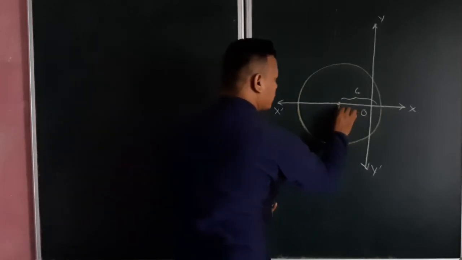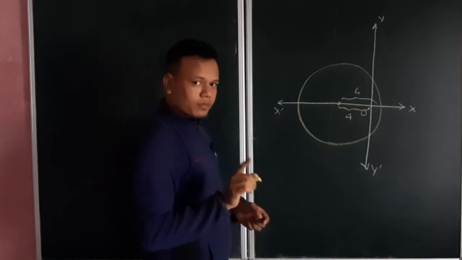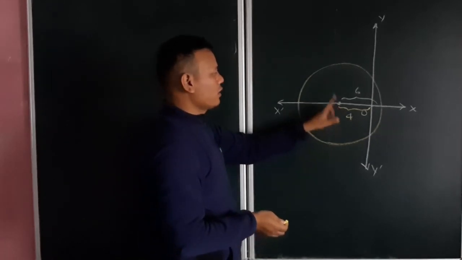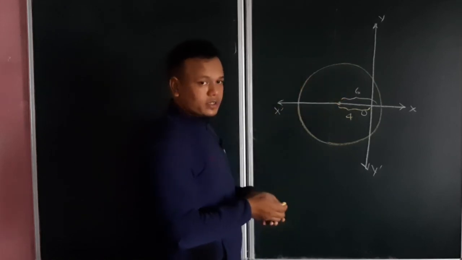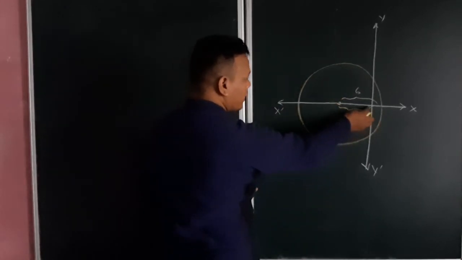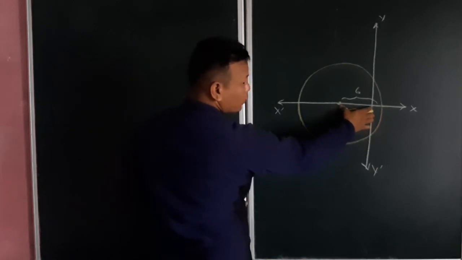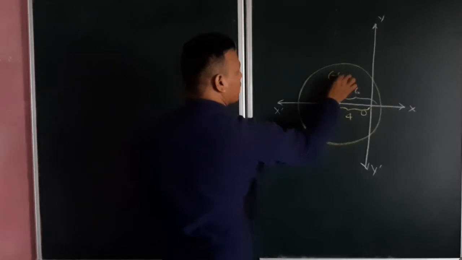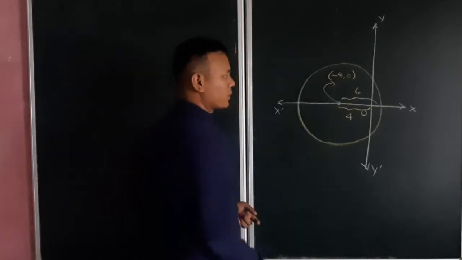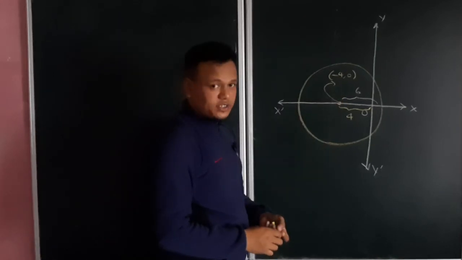So that means from here to here is 4 units. Okay, so you need to calculate the equation of this particular circle. Okay, and it's clear, right? See here, what is the coordinate of this? From here to here is 4, no? So that's why the center will be -4 comma 0, and we already know the radius also, the radius is given to be 6 units, right?